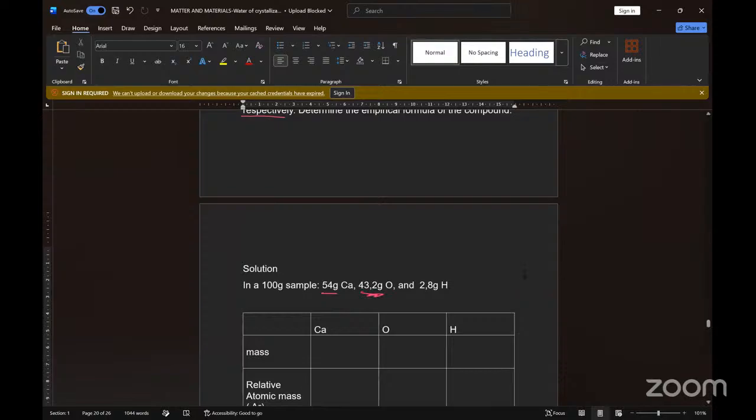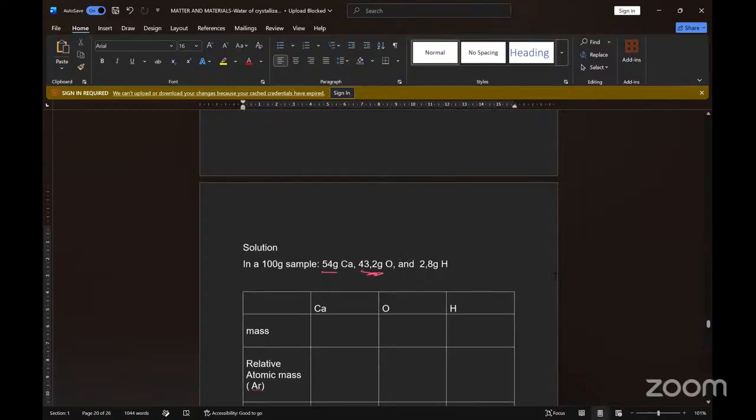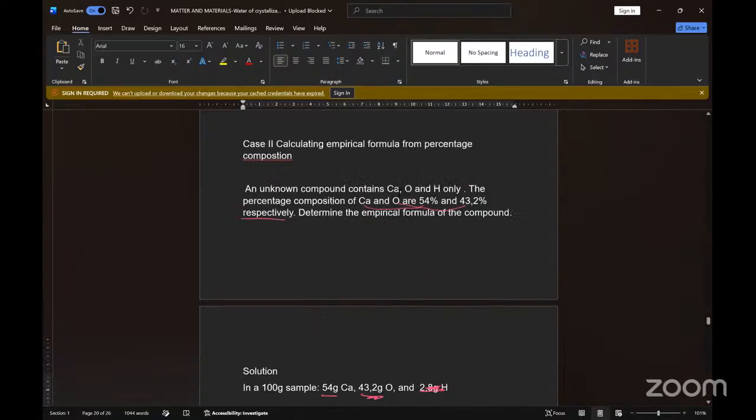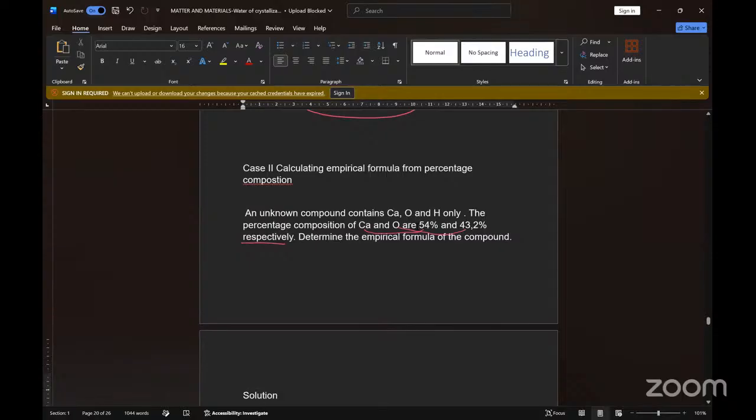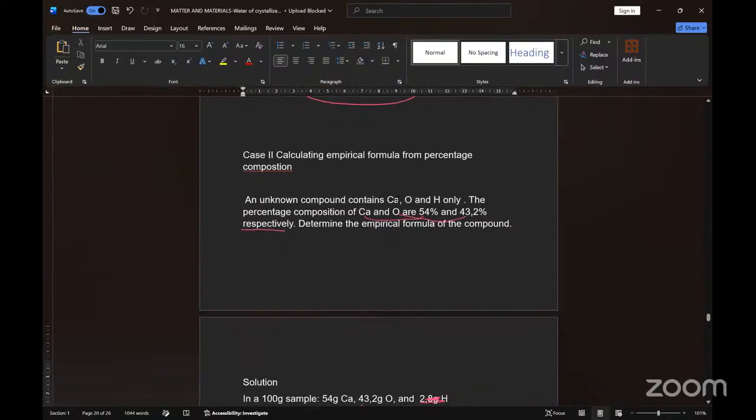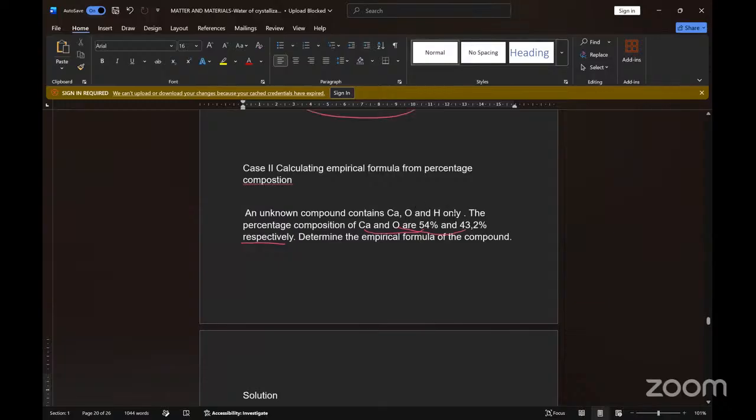Then the hydrogen was not given in the question. So let's see how we are going to calculate it. Because there were three elements, calcium, oxygen, and hydrogen only, and everything in mathematics adds up to 100%. So if we know the two, we can calculate the other one.